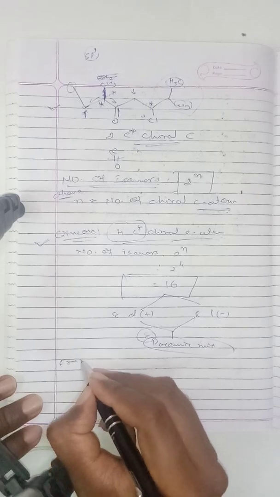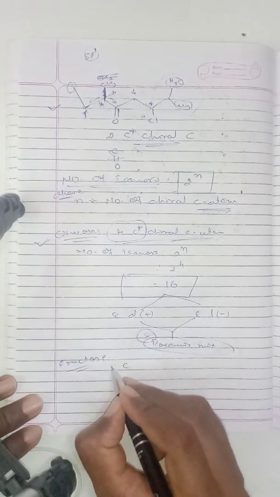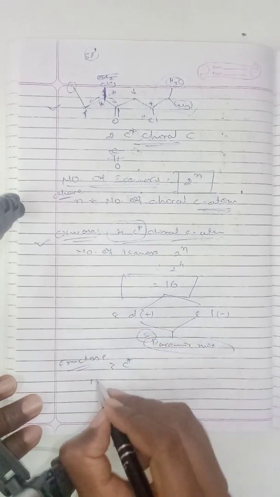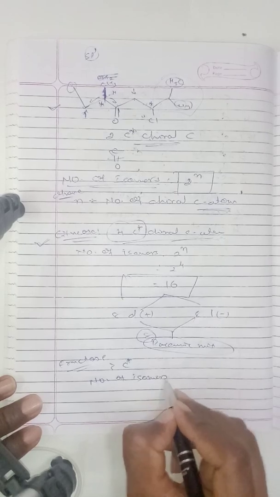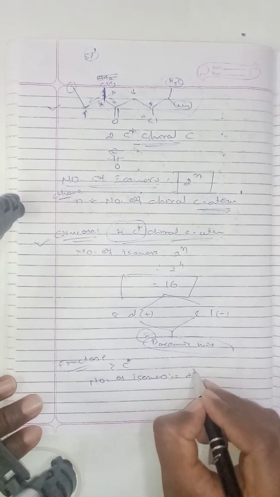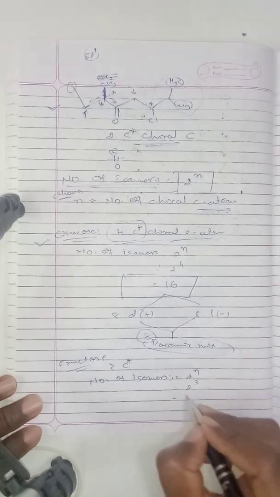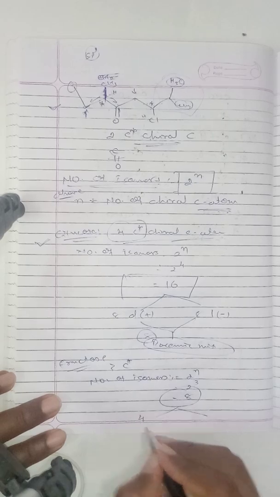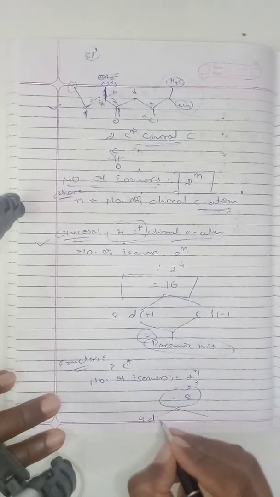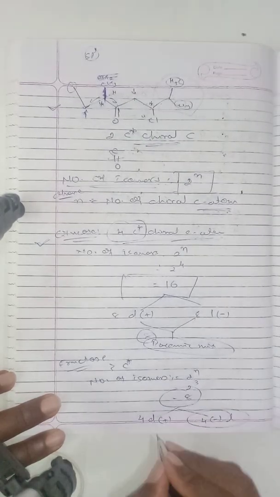For fructose, with 3 chiral carbons, the number of isomers is 2 raised to n, equal to 2 raised to 3, which is 8. The mixture has 4 dextrorotatory and 4 levorotatory.